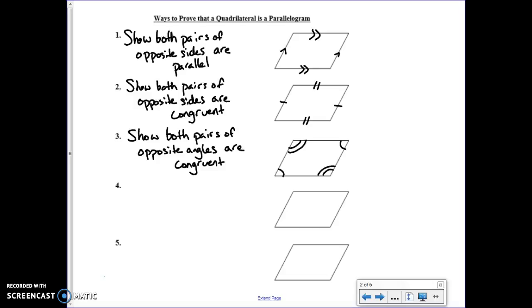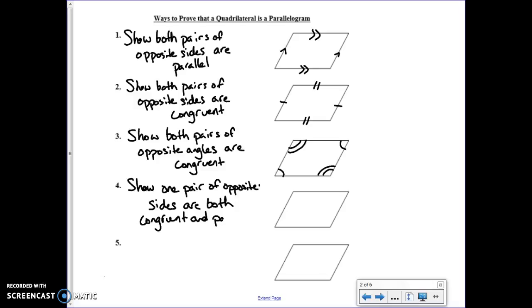One way that we have not talked about would be to show that one pair of opposite sides are both congruent and parallel.